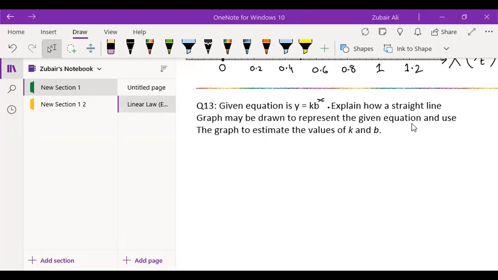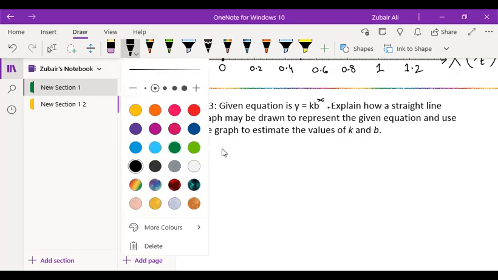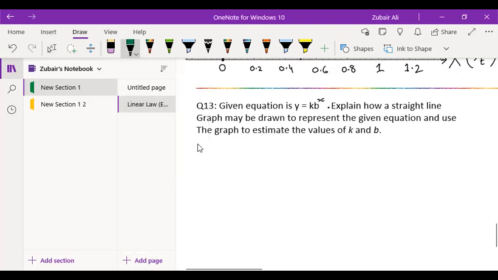Okay. So first of all, because y is equal to k b power x, here we have a variable in the power of one of the unknown constants.